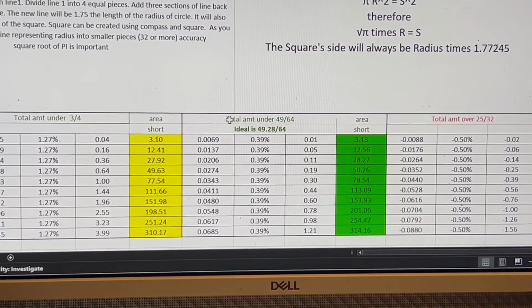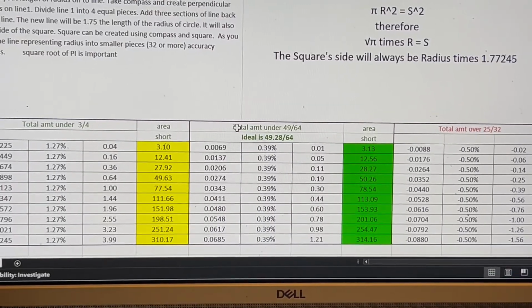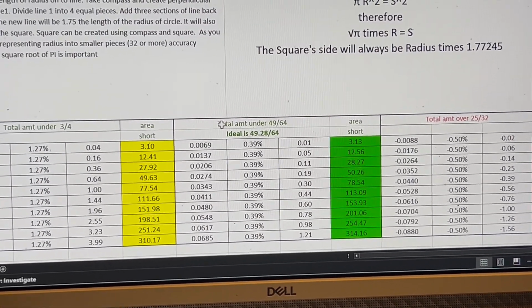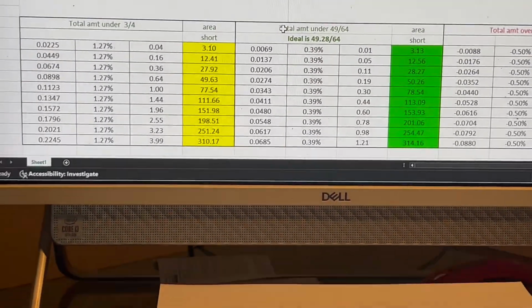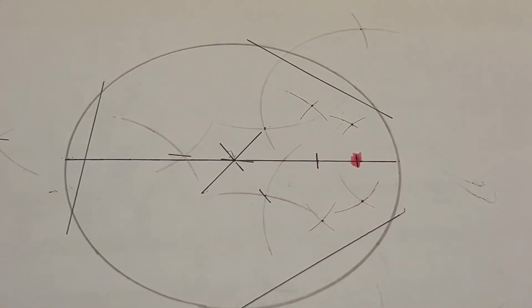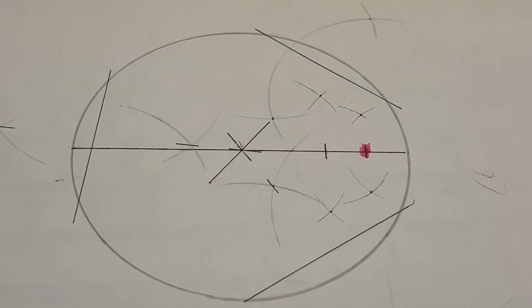And again, from here you just keep going with perpendicular bisectors. When you have a scale such as this, that gets difficult to do. You have to have really fine compass.